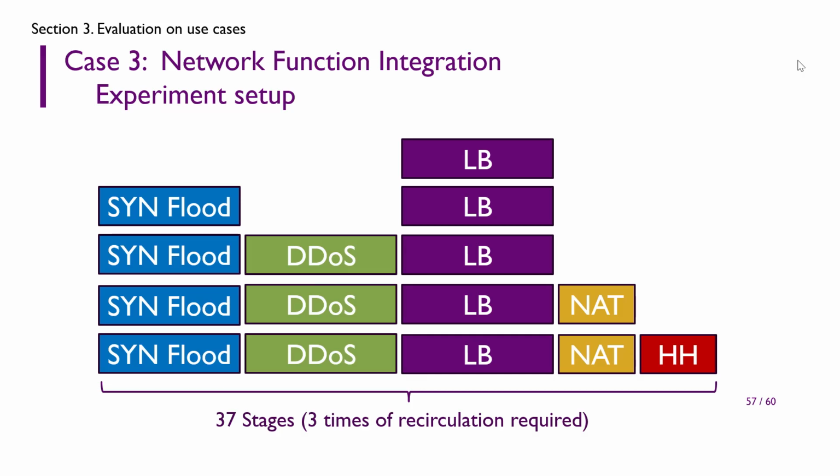In our experiment, we select 5 typical functions, which are SYN flood detection, general DDoS detection, load balancer, NAT, and heavy hitters. The 5 services consume 37 stages in total, and 3 times of recirculation is required, resulting in huge performance degradation.